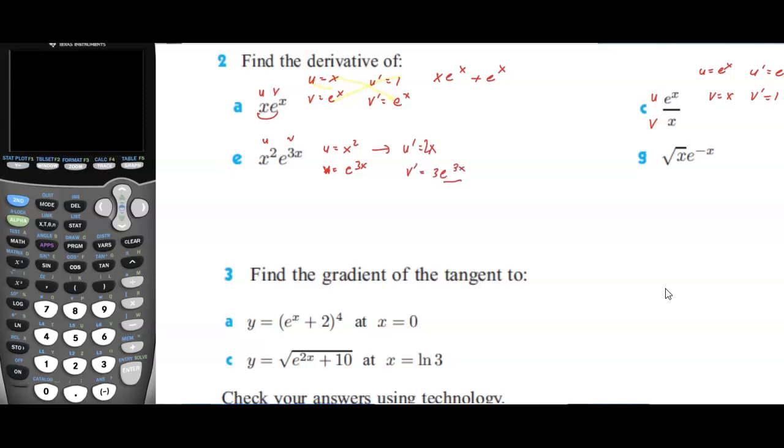I wrote down e to the 3x, and then I wrote down the derivative of the exponent, which would be 3. And then I do a product rule. So it would be x squared times 3e to the 3x plus 2x times e to the 3x. And so let me simplify that.